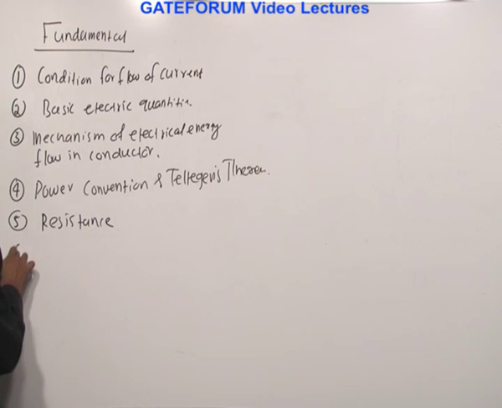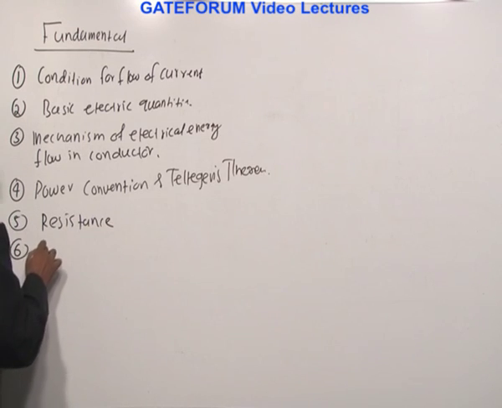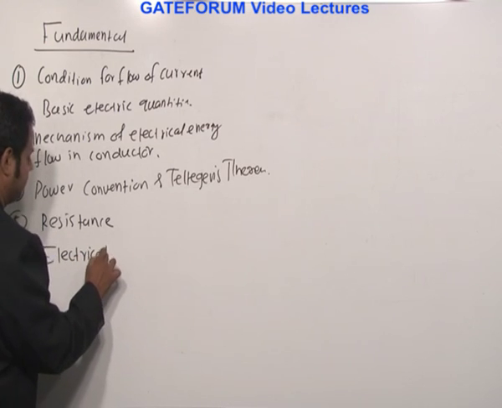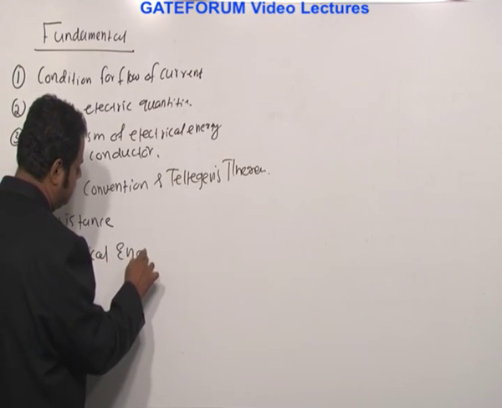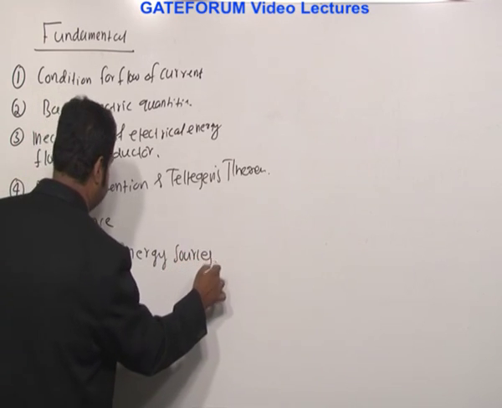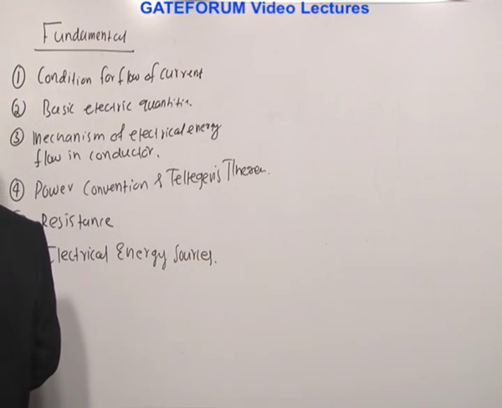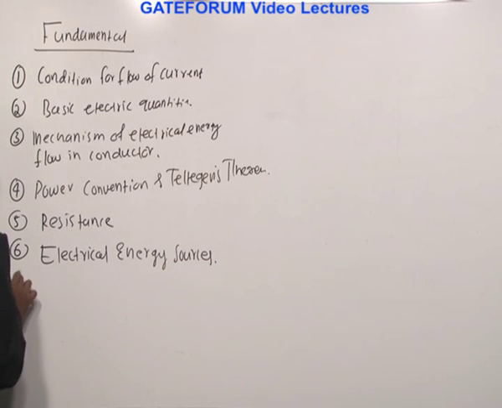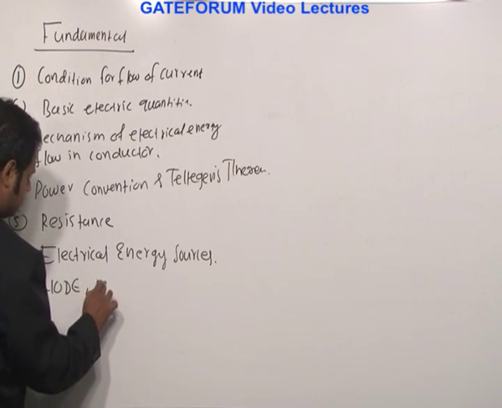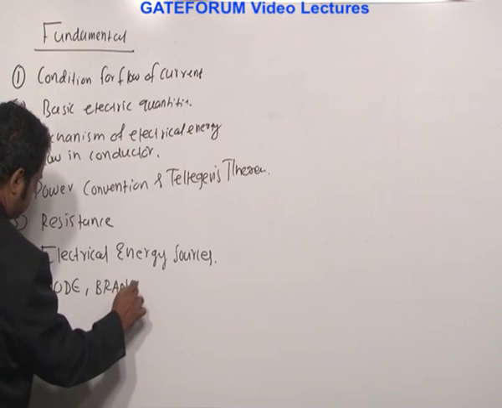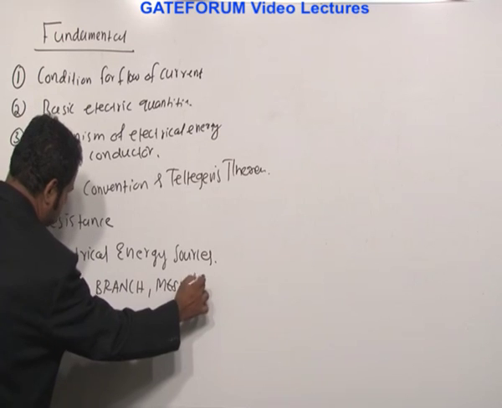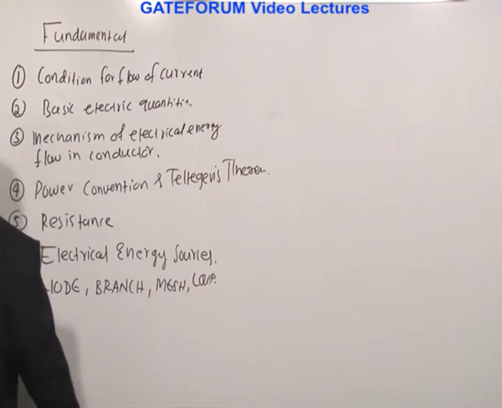Sixth thing is electrical energy sources. Seventh thing is node, branch, mesh, loop.